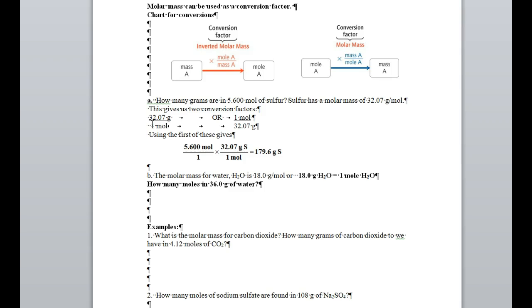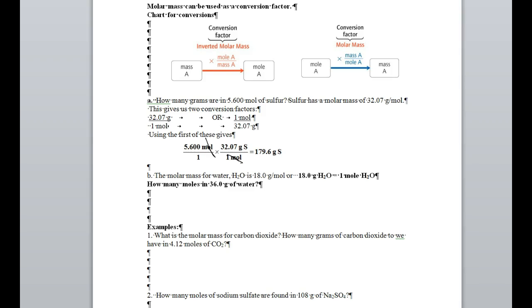And I can cross out the moles. Okay, and it gives me 179.6 grams of sulfur. Okay, so that's our example.